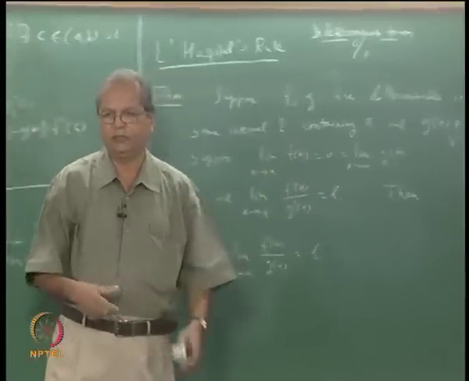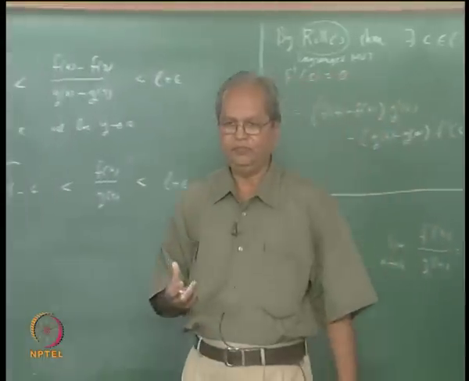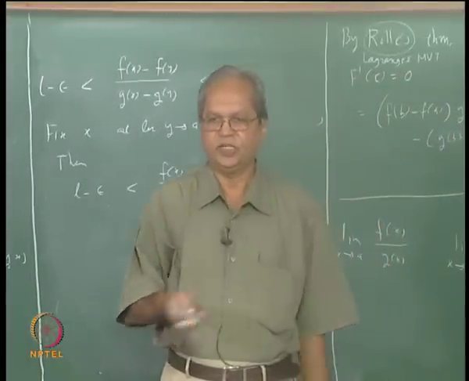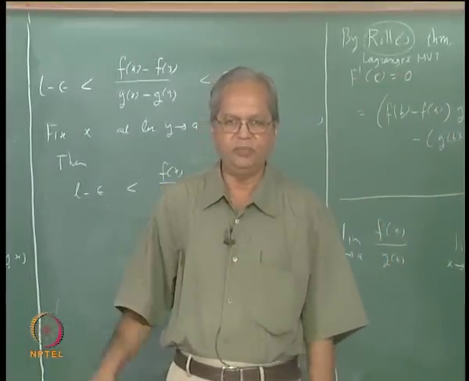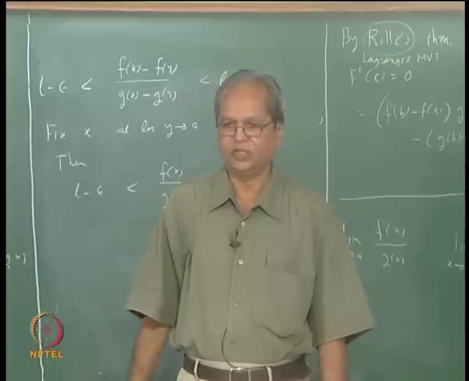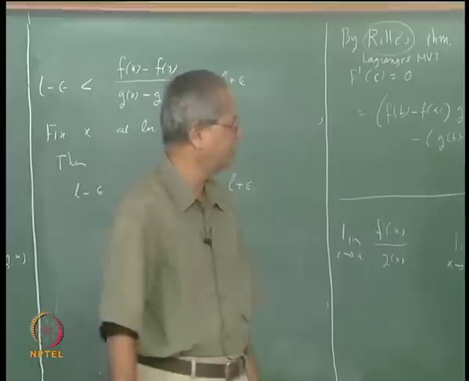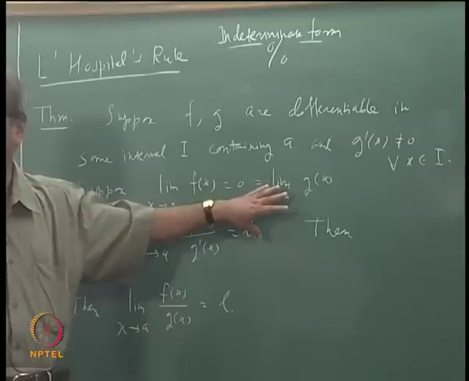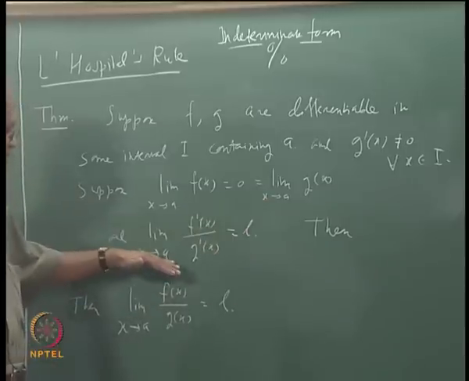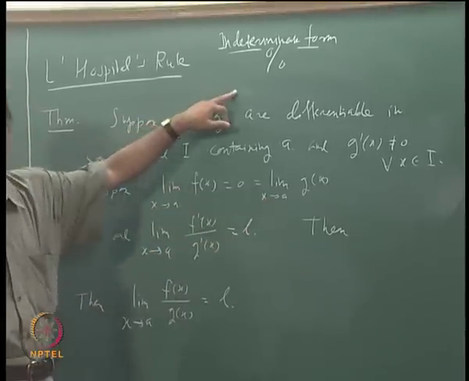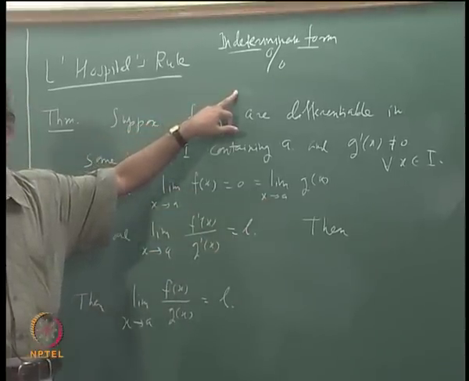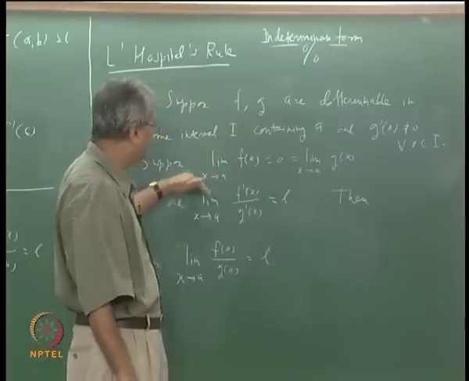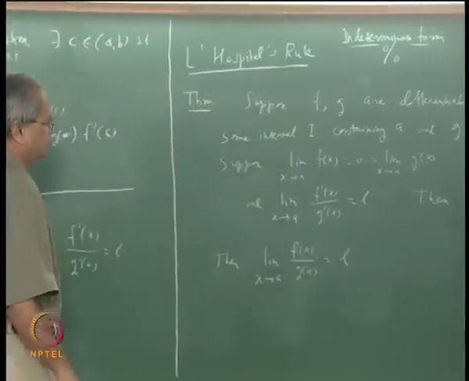That given any positive number M, there exists a delta such that f(x) should be bigger than M for all x in a minus delta to a plus delta. That is the meaning of saying that the limit of f(x) as x tends to a is infinity. Similarly for g(x). So do the same thing we have done here for the 0/0 form for the infinity by infinity form, and try to do it yourself.